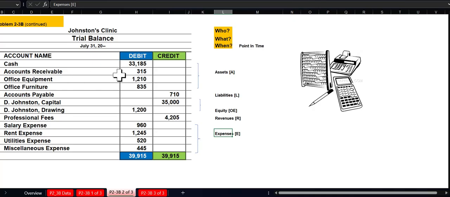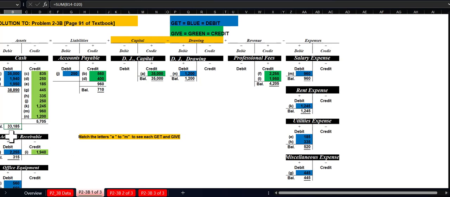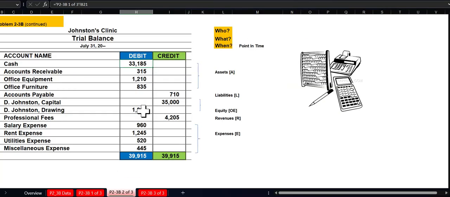And so you see, I literally took the balances. So if we went back and looked at our cash account, you would see that that is the balance at the end of the month. And so that goes into our trial balance. Same thing is true for accounts receivable. This is the balance, and it's a debit balance because the debit side, the get, was larger than the credit side, the give.